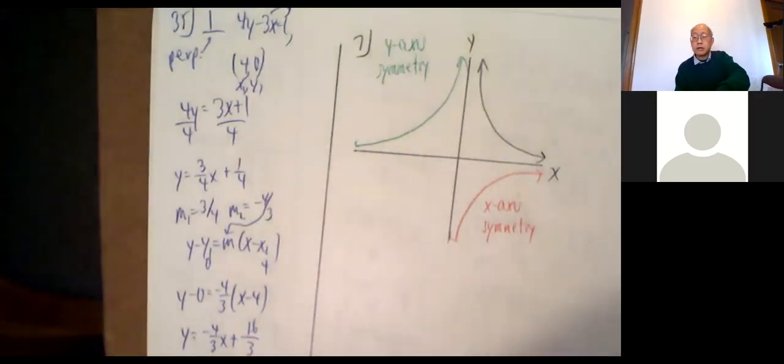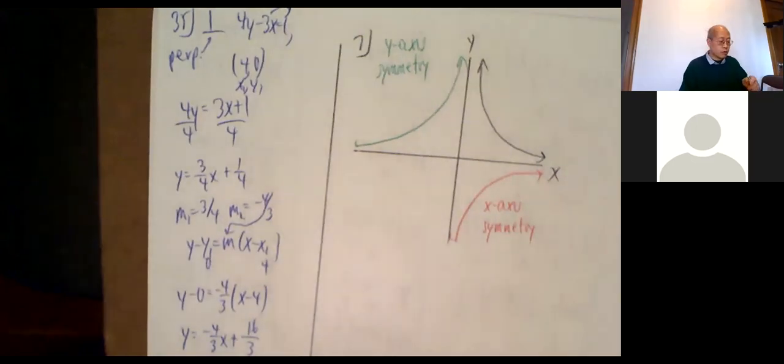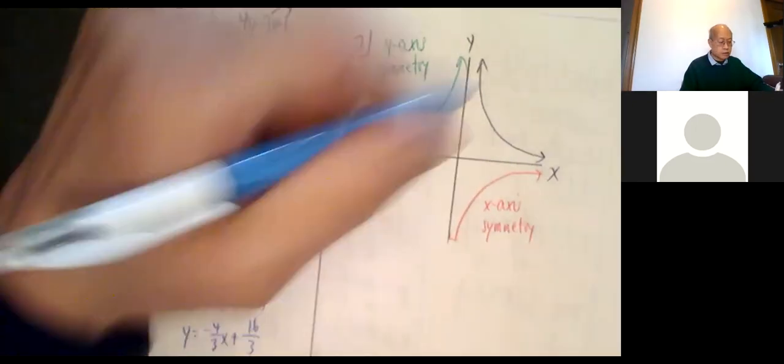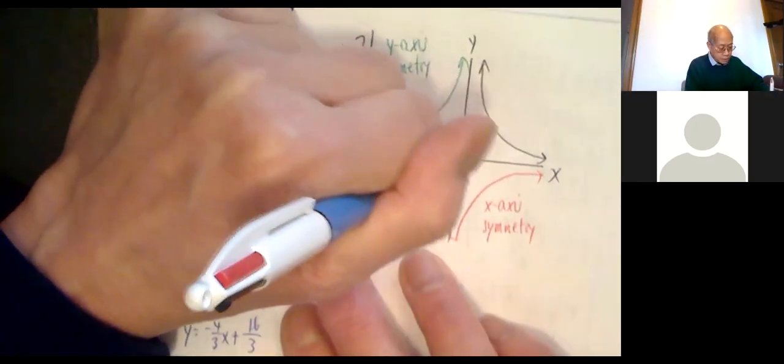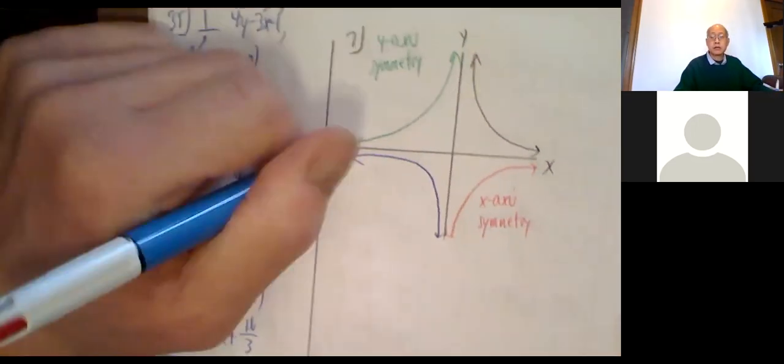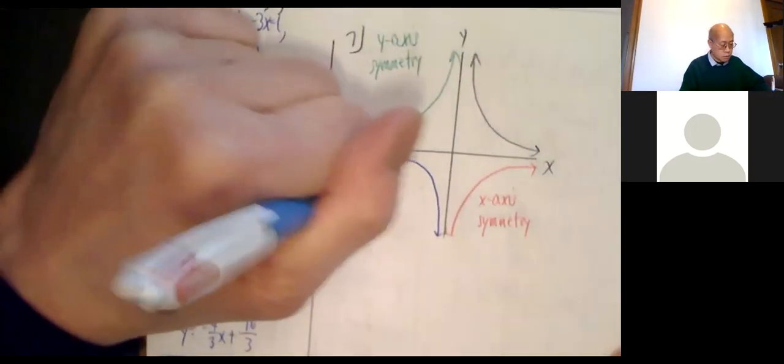Can you guess what would happen for origin symmetry? There's only one quadrant I haven't used, right? So this would bounce over here. This would bounce over here. It would end up looking like this.